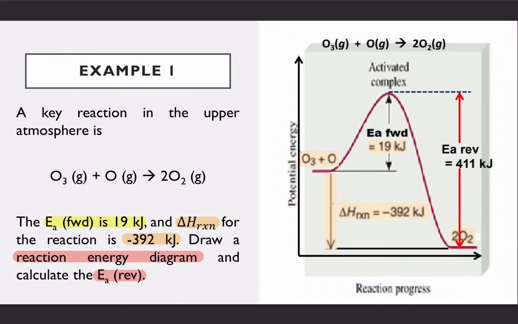So draw a reaction energy diagram and calculate EA for the reverse reaction. Okay, so first things first, it already told you the delta H. That means here you have a negative denoting that it is an exothermic reaction. So for exothermic reaction, maksudnya your delta H will be negative, right?